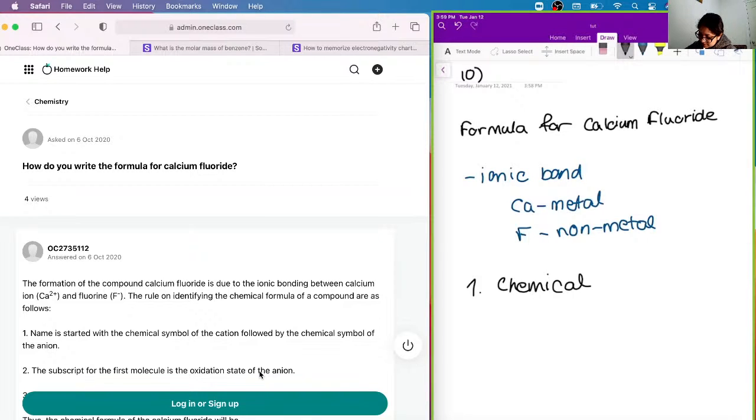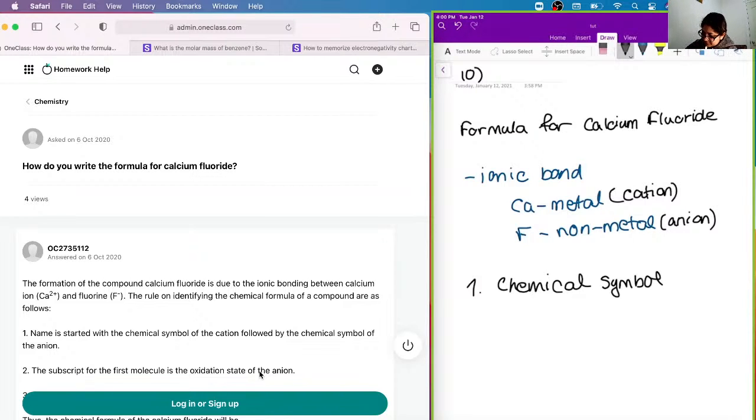In this case, the chemical symbol of the cation followed by the chemical symbol of the anion. Since we're dealing with ionic bonds, we have a cation and an anion, and in an ionic bond, the metals are always our cation. So this is your anion.